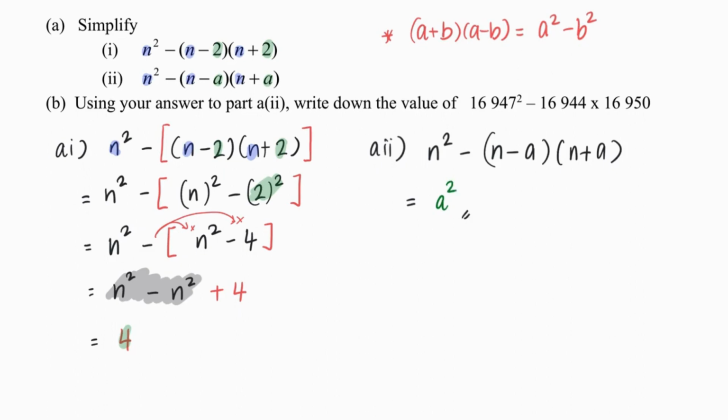And now we are going to make use of this result for part B, where I will have 16947 square minus 16944 multiplied by 16950. From here, I could see the similarity already. I know what number is my n already. 16,947.